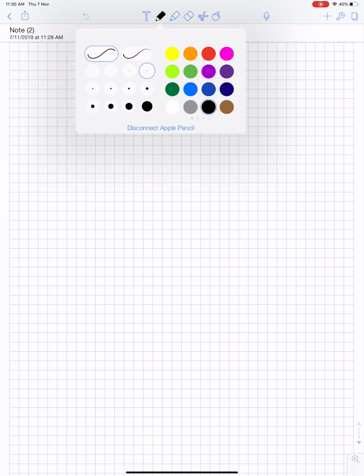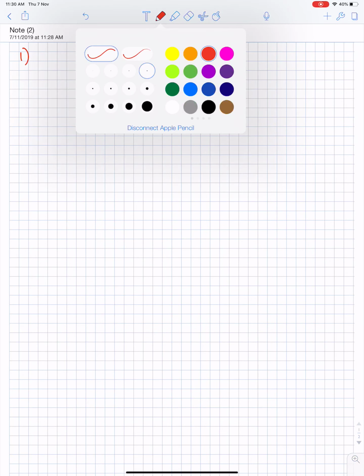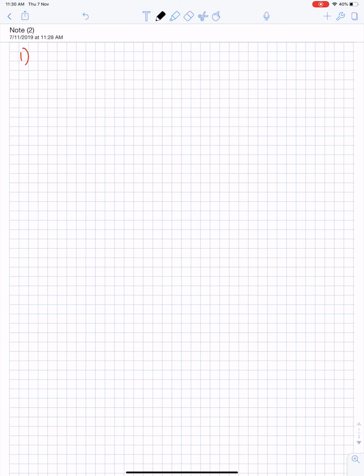Okay, so number one. It says evaluate the following, so 3.5 to the power of 6, and that's basically just 3.5 times 3.5, 6 times. So we've got 1, 2, 3, 4, 5, 6. Yep.